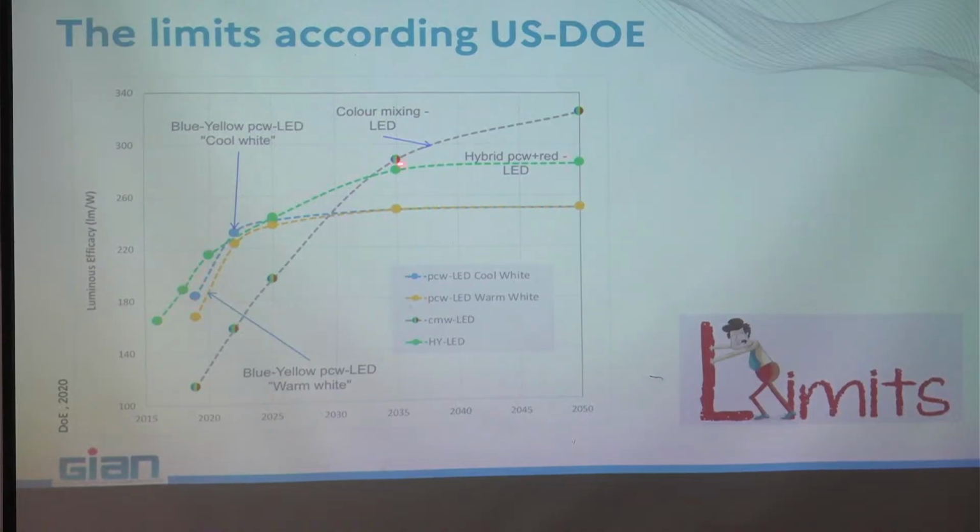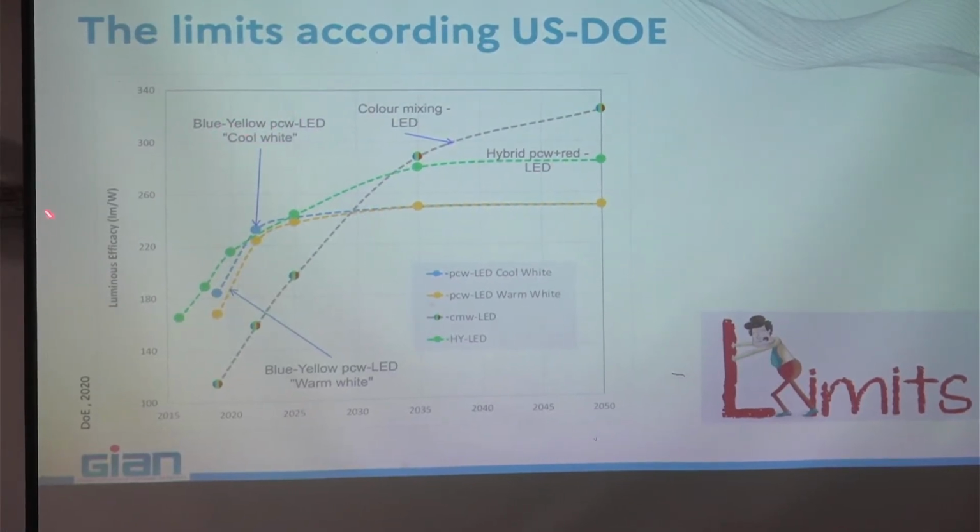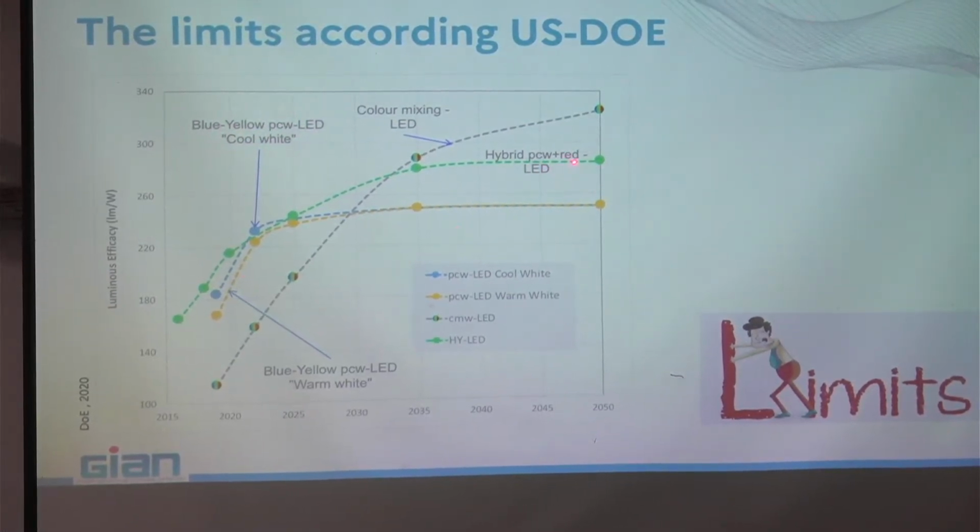Here, the green one is what we call the hybrid technology. That means a blue-yellow chip plus a red chip together inside, a red LED coupled with blue plus phosphor plus red, and then you can go up to 290 lumen per watt.